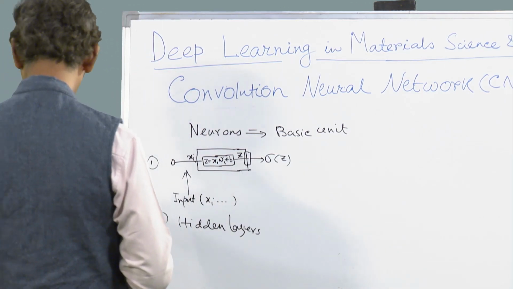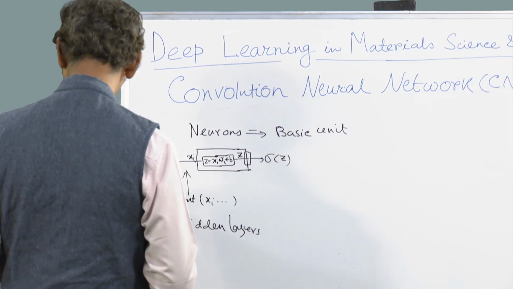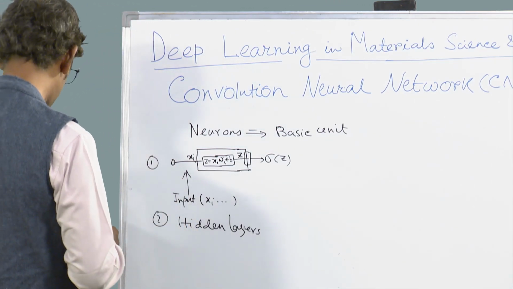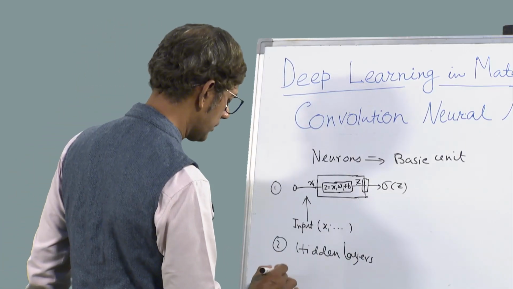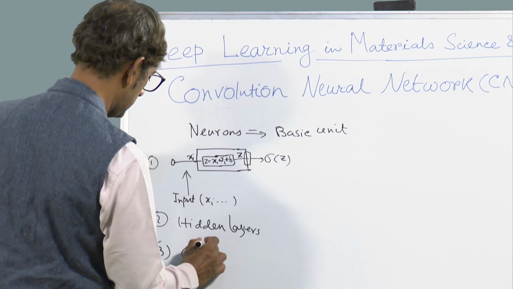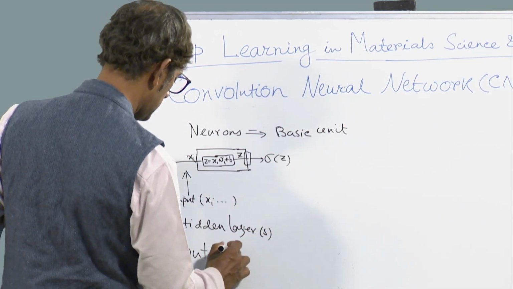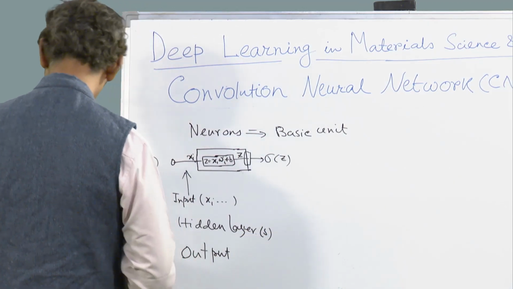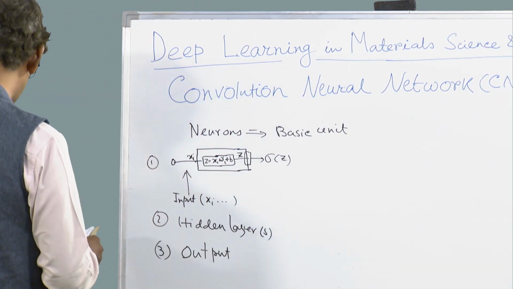These layers are between input and output. Each neuron in each layer basically sums the results of the neurons in the previous layer, and then finally you have the output. You can have many hidden layers. Am I clear? And the output is nothing but the calculation output.